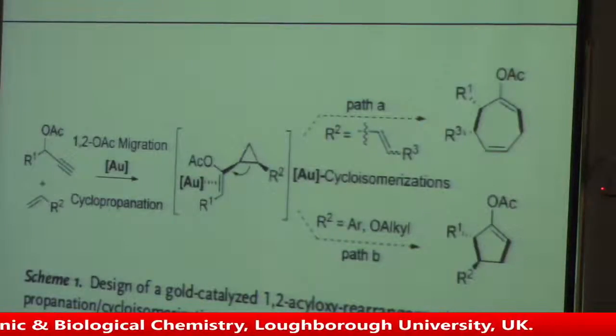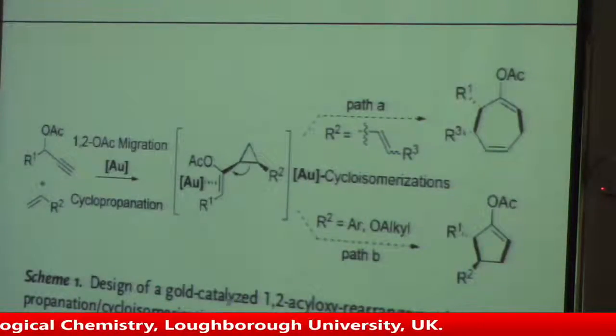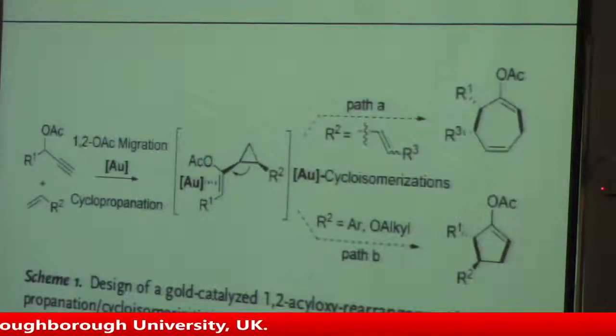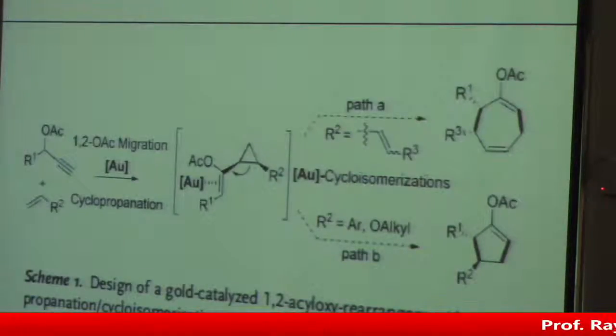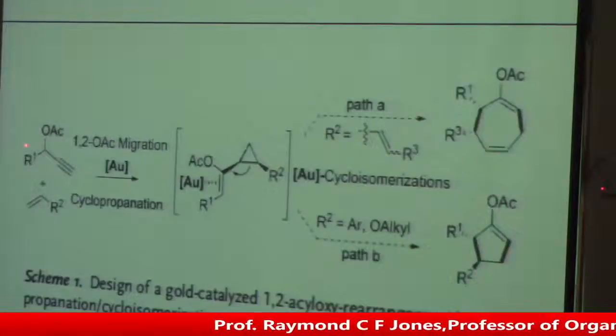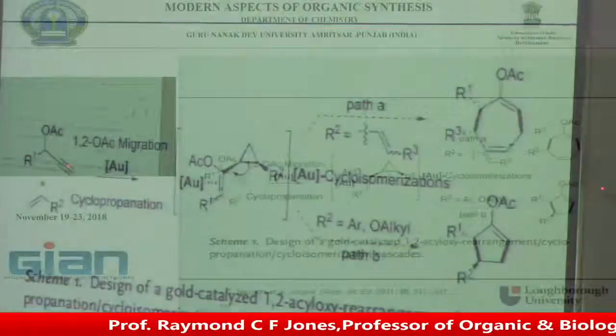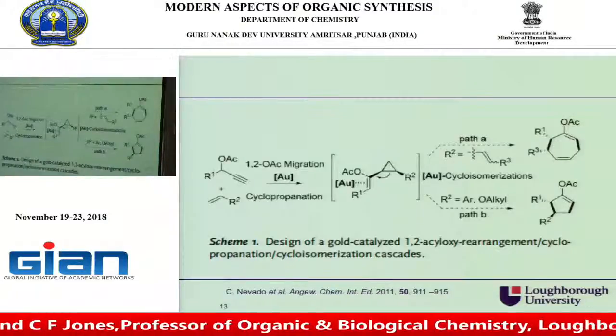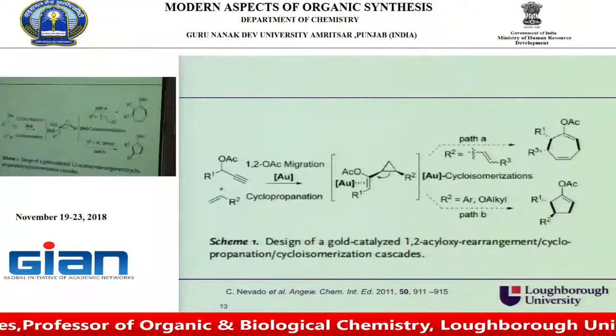So it does all make sense, and the reference that should have been there is this one at the bottom here. It was subsequent to the references that were supposed to be making that natural product. It's actually from 2011. So alkyne activation, acyl migration, leaves a gold carbene, does a cyclopropanation.